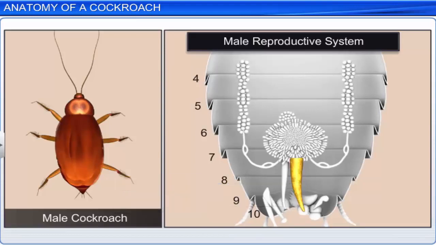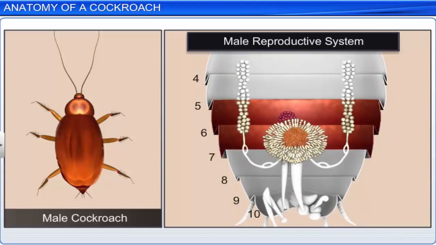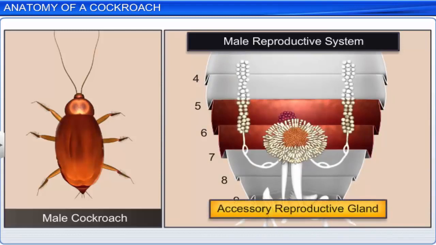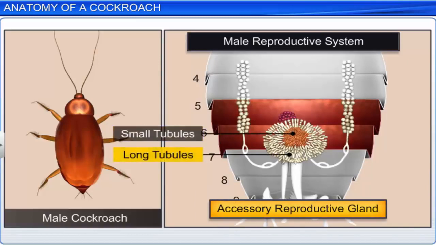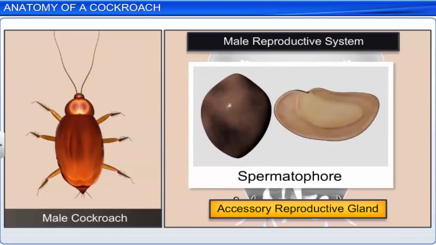At the anterior end of the ejaculatory duct, in the 6th and 7th abdominal segments, is a mushroom-shaped accessory reproductive gland consisting of small and long tubules. The secretion from this gland nourishes sperm and helps in spermatophore formation.